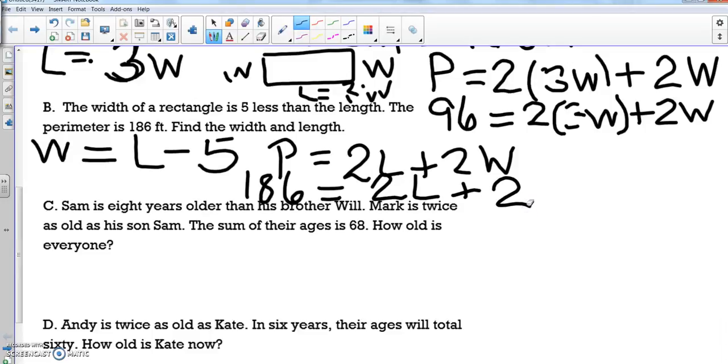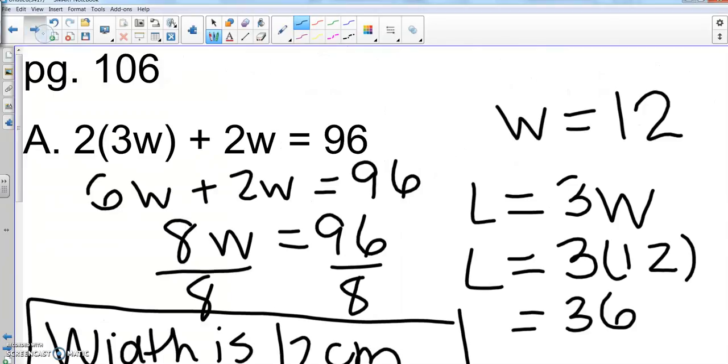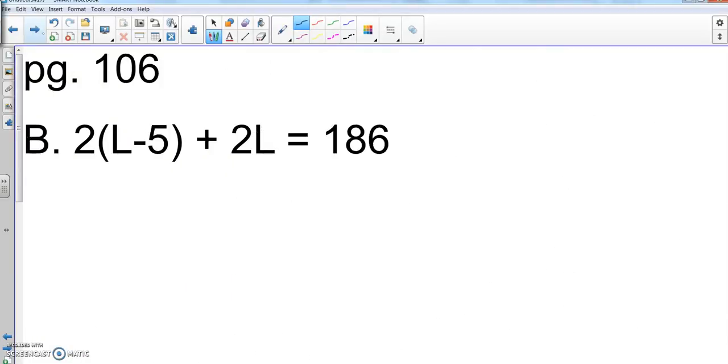Well, we just decided the width is actually now L minus 5. Okay, and so this is the one we want to use because all I got now is L's, and I can solve for them. All right, I don't want to try to solve it when there's L's and W's. So on your page 106, you're going to copy this.